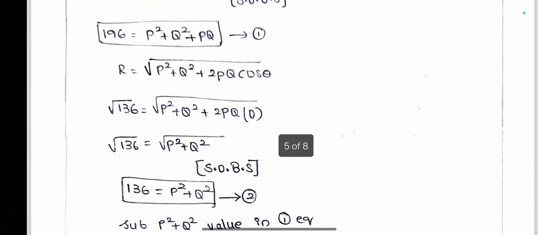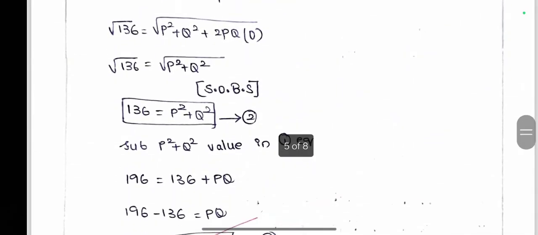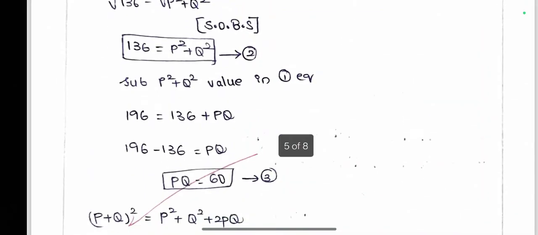P square plus Q square plus PQ is equal to 196. This is the first equation. P square plus Q square is equal to 136. So we substitute equation 2 in equation 1. It will become 196 is equal to 136 plus PQ, which is PQ equal to 60. Okay.